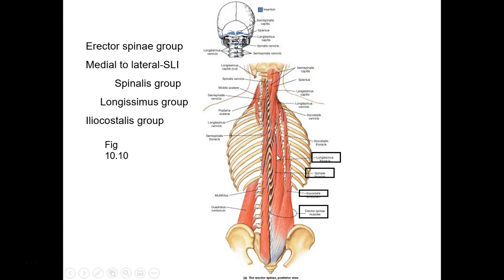The torso. So that's a muscle, that's a muscle, and that's a muscle. So remember the first letters, S, L, and I. So this is called the spinalis, this is the longissimus, and this is the iliocostalis. Costal means ribs, right? So spinalis, longissimus, and iliocostalis.